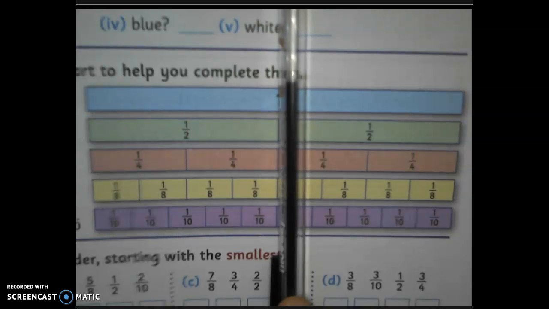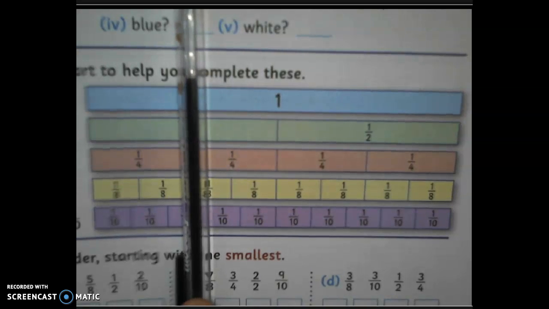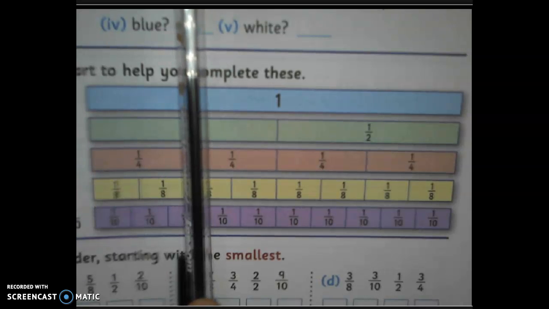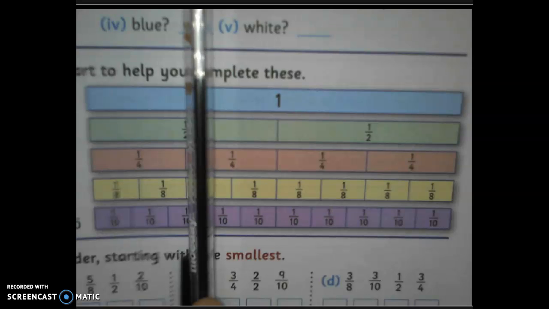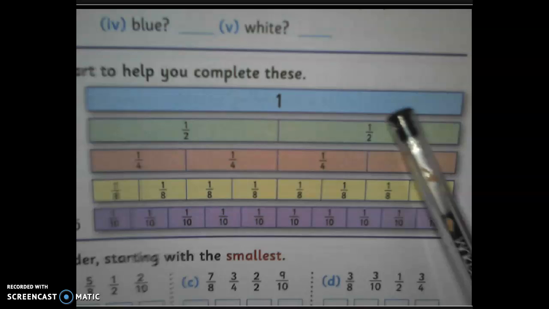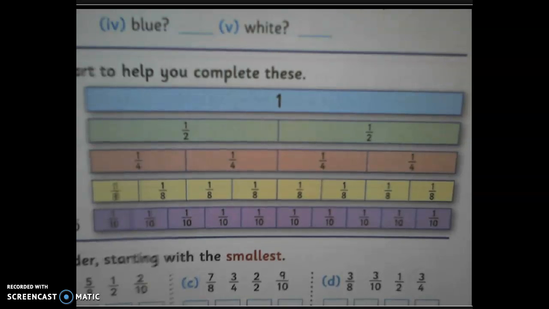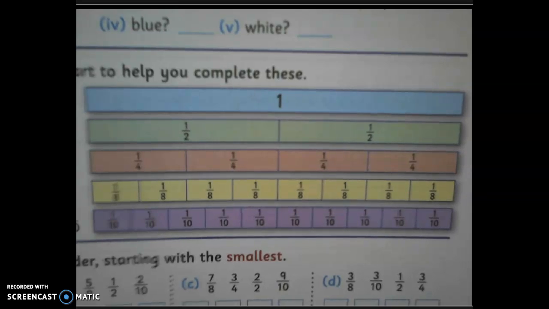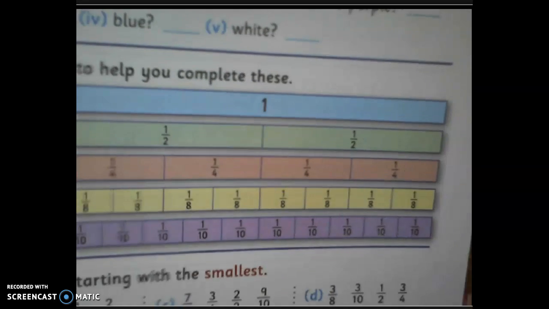Okay, and even if I was to say to you 1/4, there's 1/4 again, and we can see that 1/4 is the same as 2/8. Okay, so the tenths doesn't really work there, but okay. So if you can search on Google or wherever you search for a fraction wall, that's another way of really helping you with your equivalent fractions.